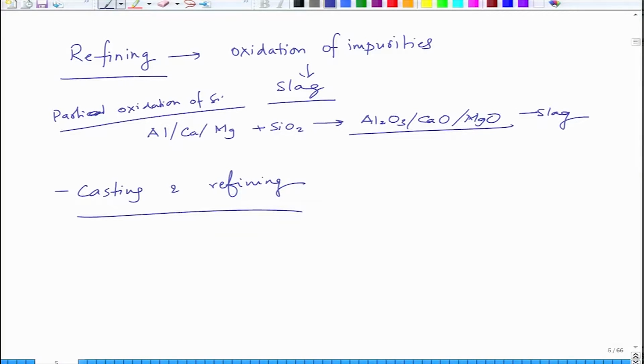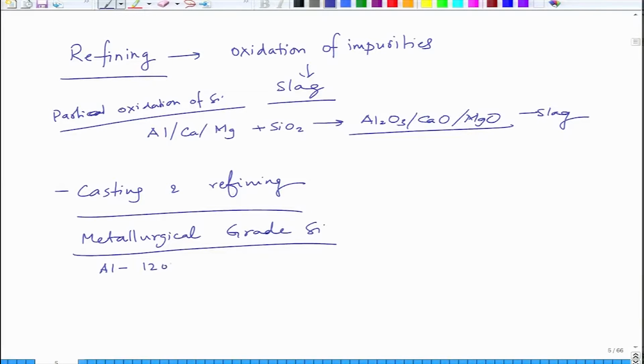So, a typical metallurgical grade silicon will consist of aluminum. So, this is where we have this rather purified metallurgical grade silicon. We have aluminum of the order of 1200 to 4000 ppm, boron of the order of 37 to 45, all in ppm, phosphorus about 27 to 30, and then we have calcium, chromium, copper.